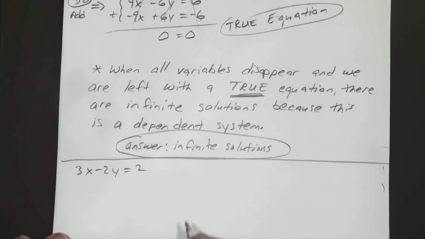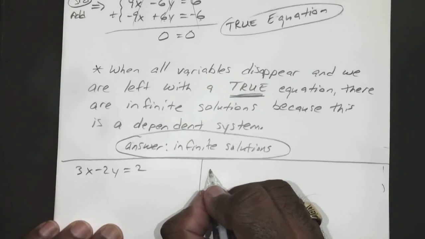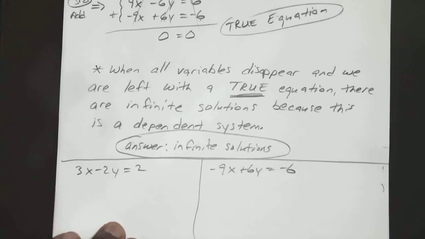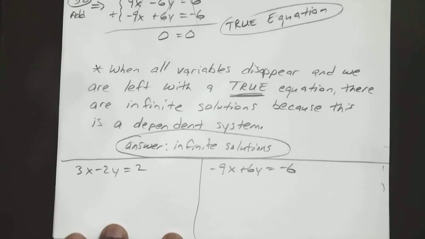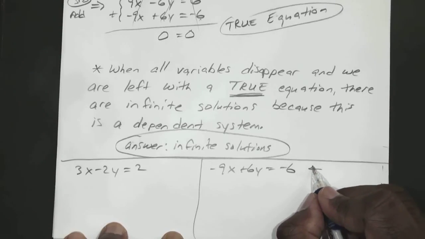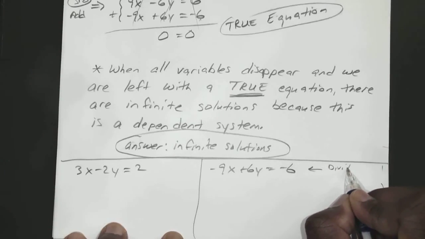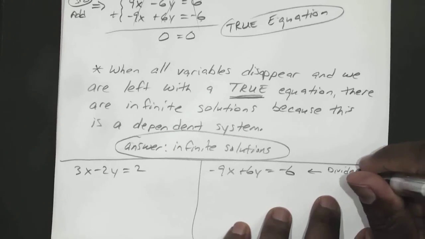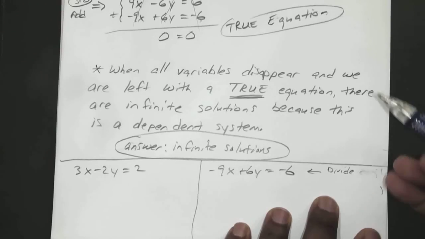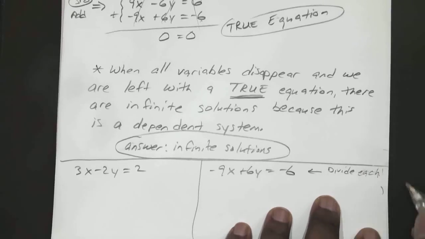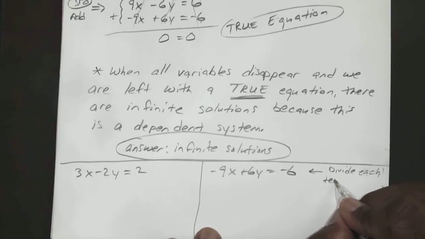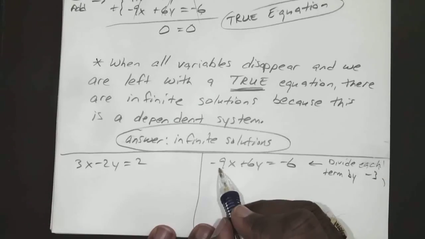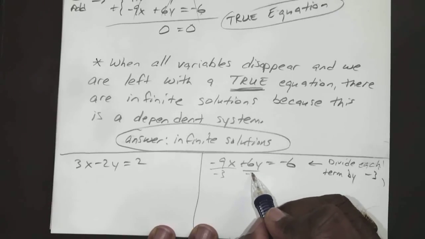Now if we look at the second equation, negative 9x plus 6y equals negative 6, we divide each term by negative 3.